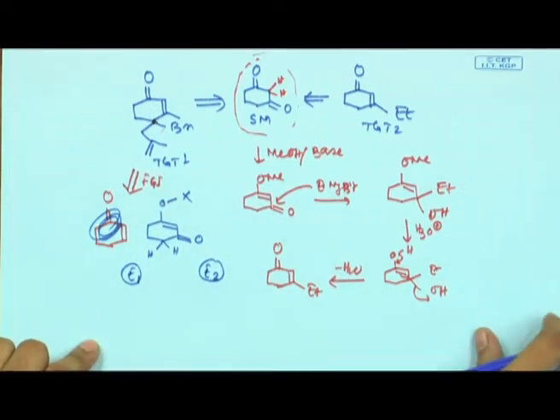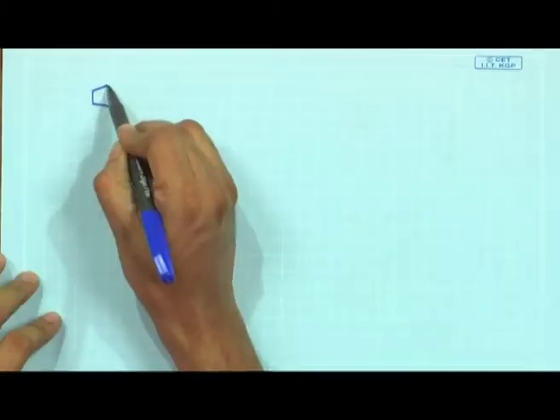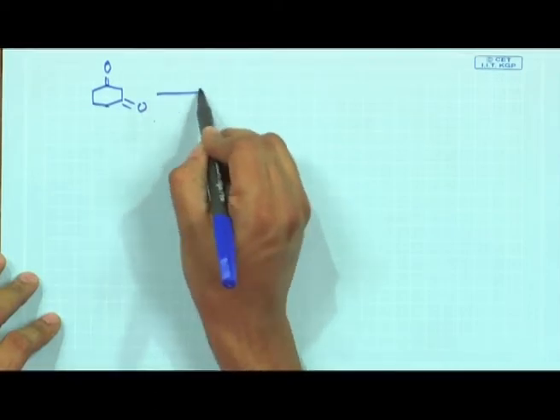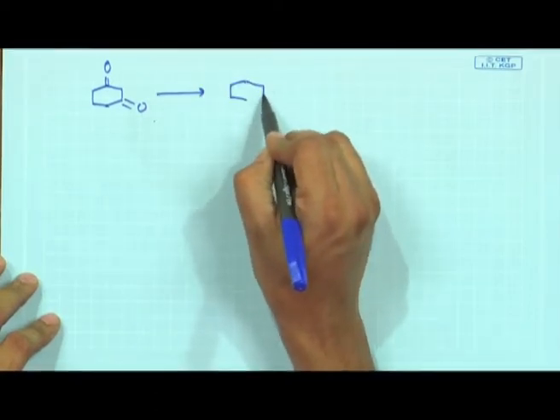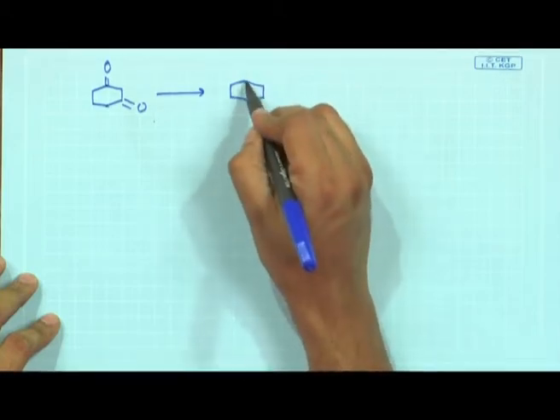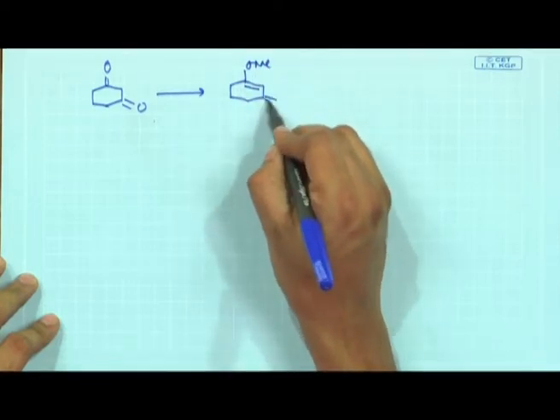Okay. And then you can do the similar kind of step which we earlier did for target 2. So, your synthetic sequence will again start from this parent dicarbonyl. You just do the initial enolization, and that will basically give you this compound.